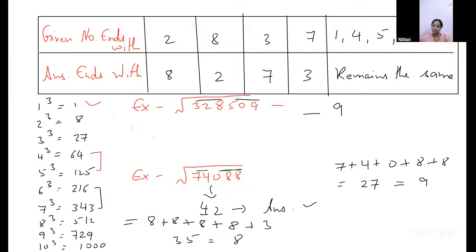Then we can just take 8 fours, which is 32, and then 32 plus 3 is 35. It's not a cube, but 3 plus 5 is 8 now.